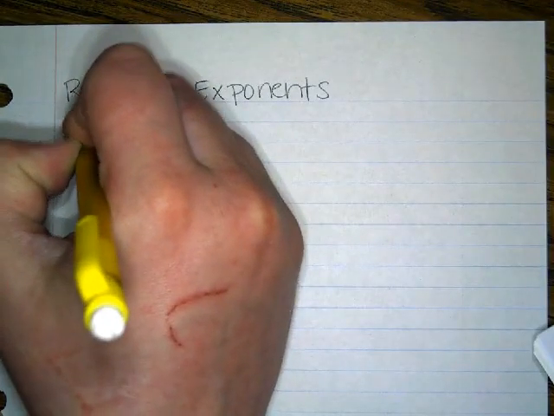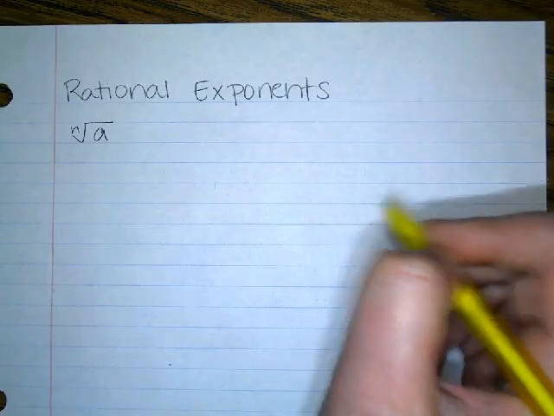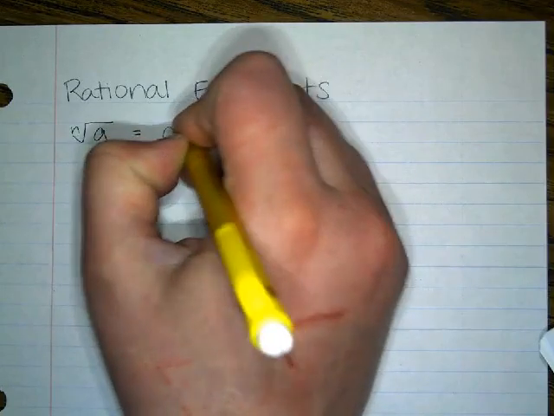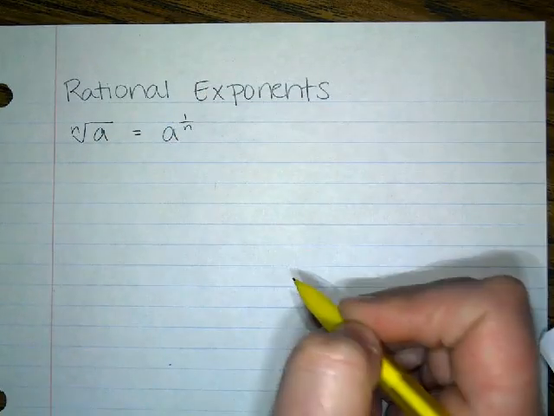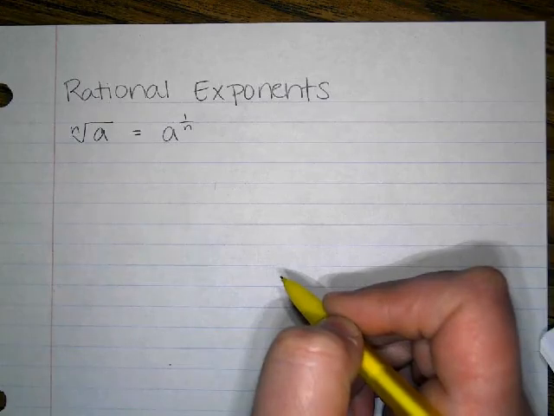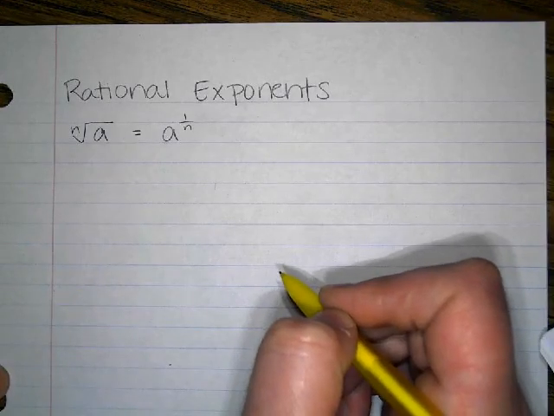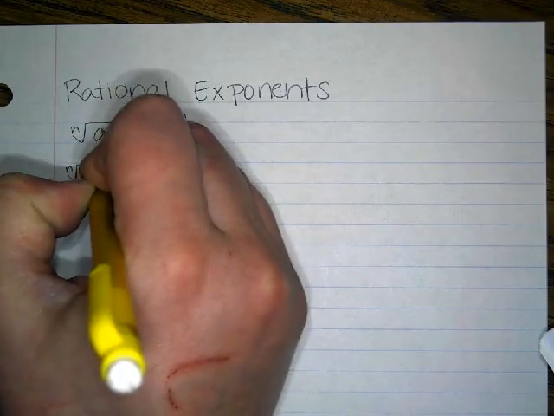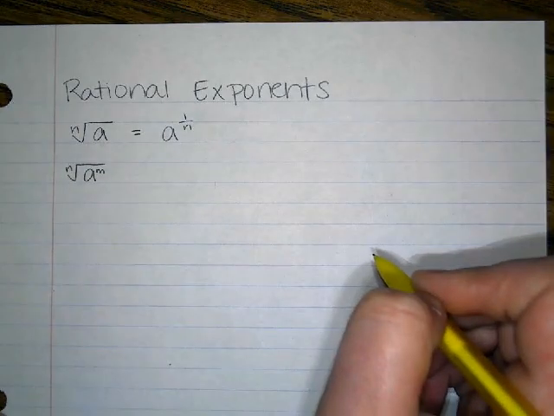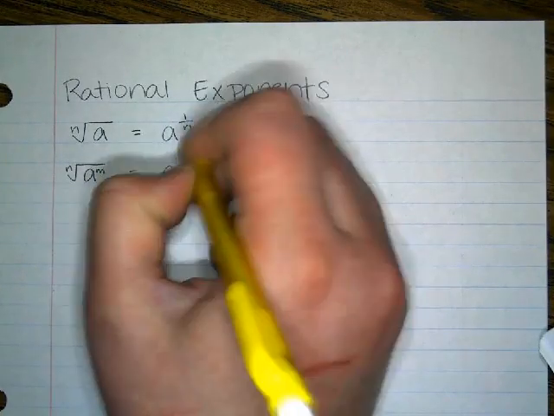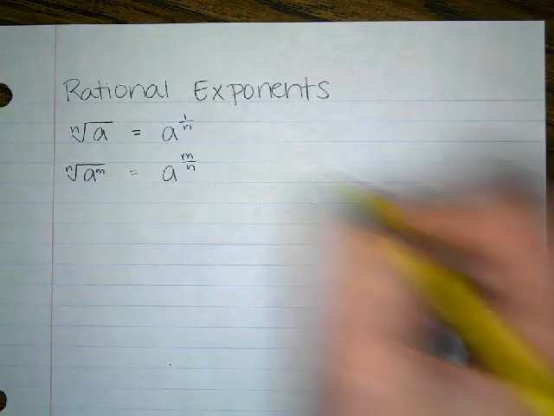If we had the nth root of a, we would write that as a to the 1 over n power. And if we had the nth root of a to the m power, that would be the same as a to the m over n.